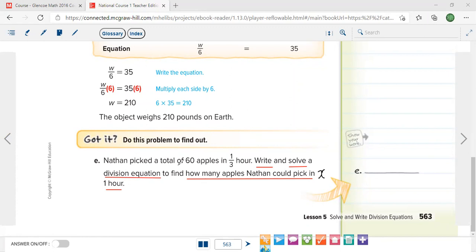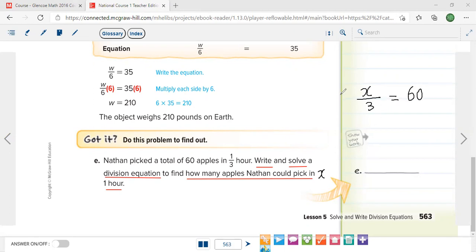So Nathan picked a total of 60 apples in a third of an hour. How many apples could Nathan pick in 1 hour? Someone will say, okay, if he can pick 60 in a third of an hour, then x, the number he picks, divided by 3, because it's a third of an hour, equals 60.